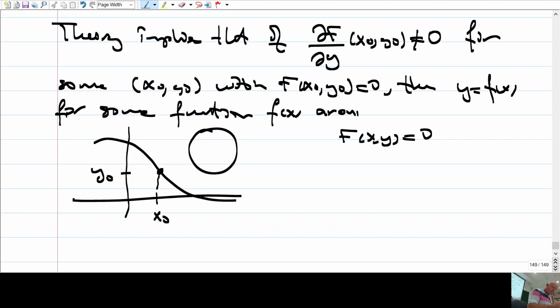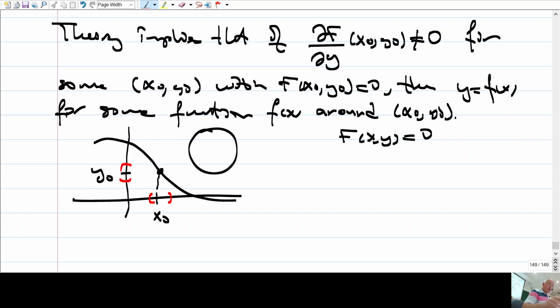around x0, y0. Teori bize şunu söylüyor. O zaman diyor ki, then there are open sets like this, okay?